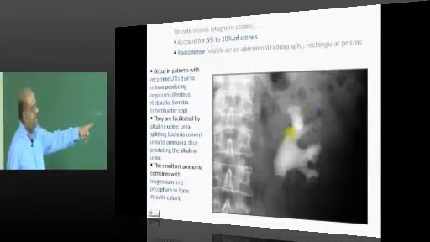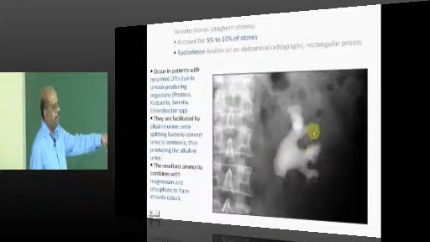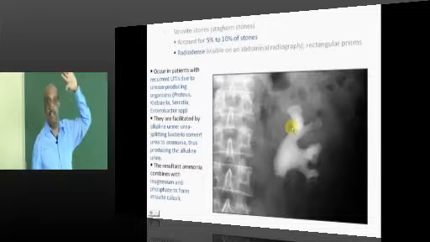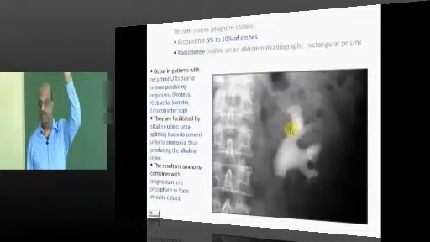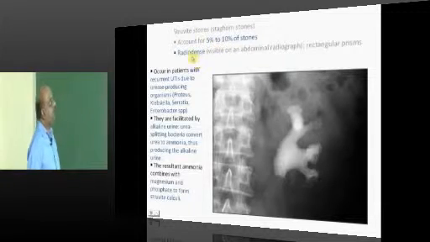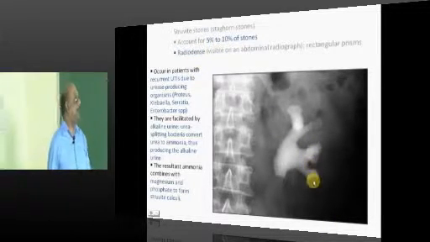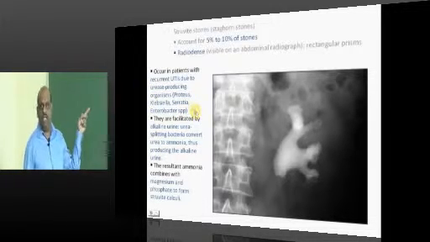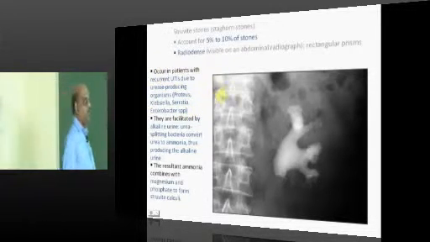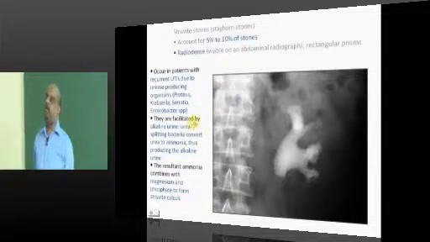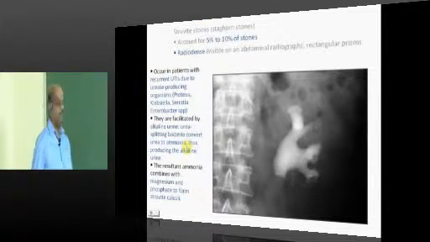Then you have this kind of a huge, big stone which will almost occupy the entire pelvicalyceal system, which is called struvite stone, which accounts for 5 to 10%. It is also radiodense in nature. Proteus, Klebsiella, Serratia, Enterobacter, they are all urease-producing organisms which lead to the formation of struvite stones.